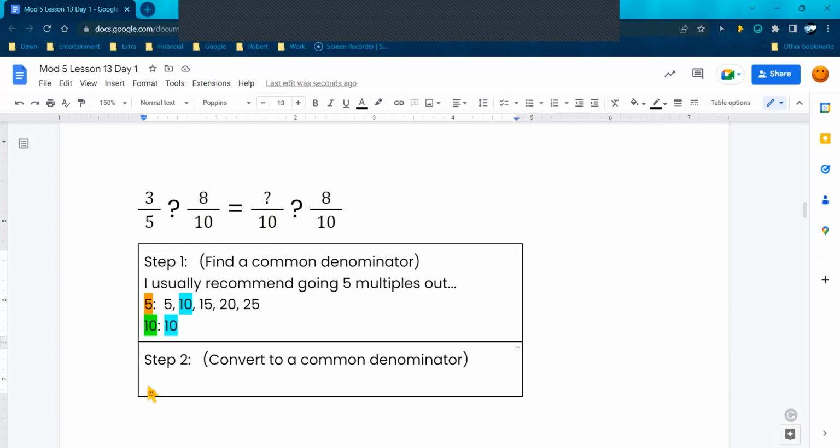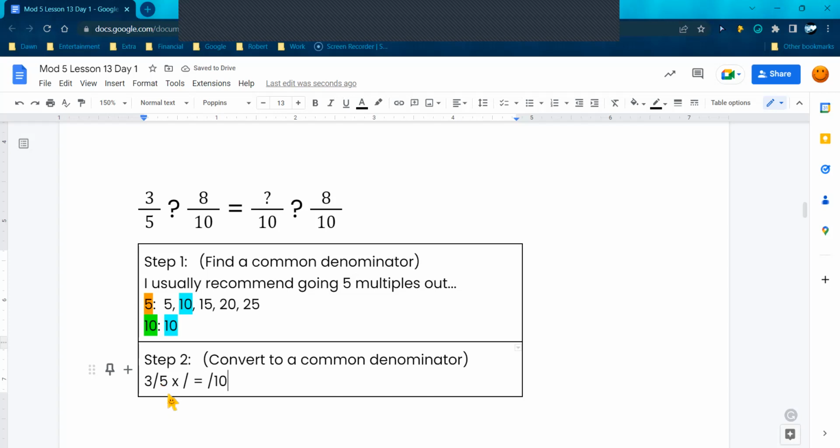So down here in step 2, I'm going to do 3/5. I'm pretty sure when I hit the space bar, it's going to go small. But remember, I'll just hit the backspace and make it big again. So there's our small, hit backspace. Remember, I'm going to multiply by some fraction which equals a whole 1. And then it's going to equal some fraction over 10.